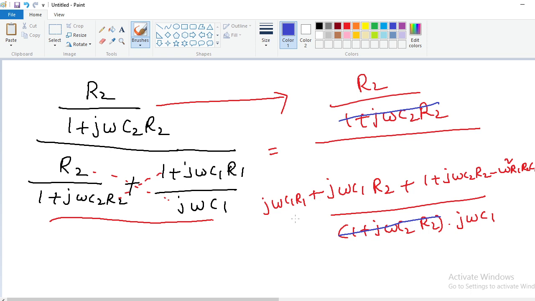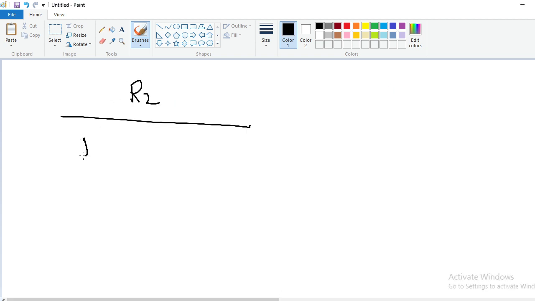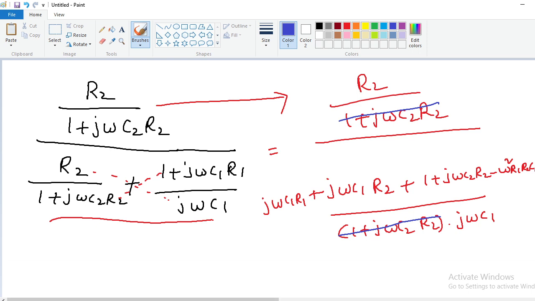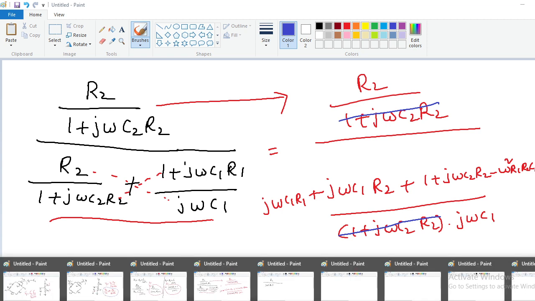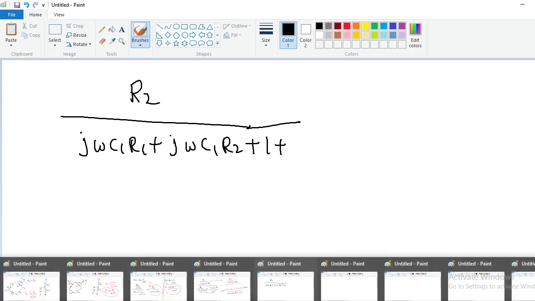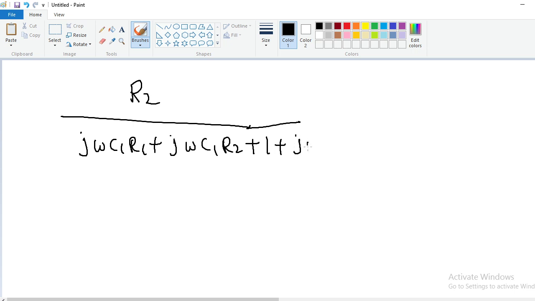R2 divided by j omega C1 R1 plus j omega C1 R2 plus 1 plus j omega C2 R2 minus omega square C1 C2 R1 R2.